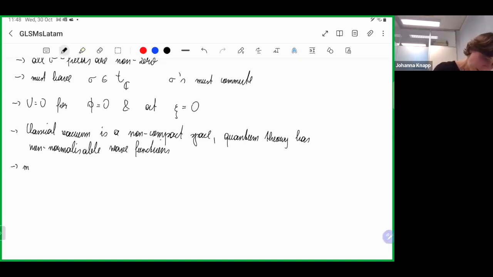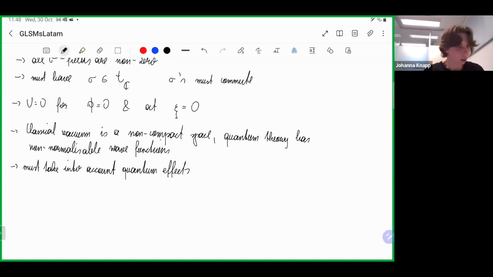We must take into account quantum effects. What happens? I will not give a derivation because I'm really bad at quantum physics.